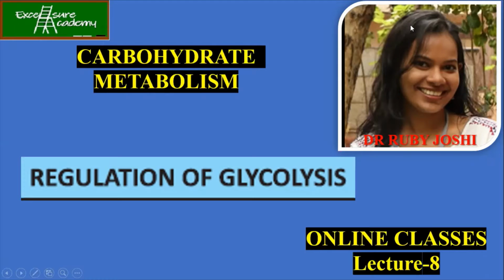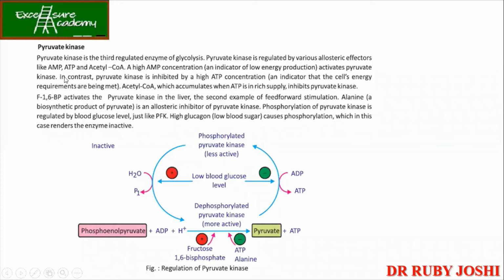So as we were discussing the regulation of glycolysis, today we are going to discuss the third step of regulation, that is the last step in glycolysis, pyruvate kinase. If you remember from the previous lecture, we have 10 steps in glycolysis, and among these 10 steps, 3 are irreversible.